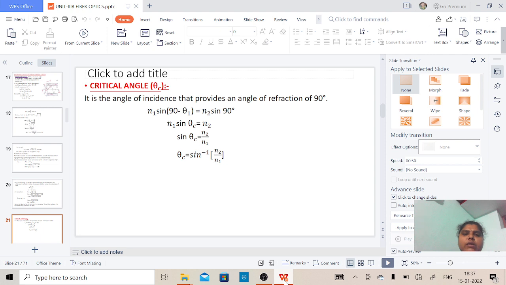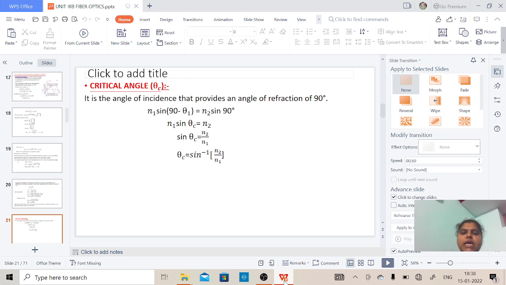Now we are discussing the critical angle. Let us see what the critical angle means. It is the angle of incidence that provides an angle of refraction of 90 degrees. Whenever the angle of incidence is greater than the critical angle theta c, we get the total internal reflection condition.